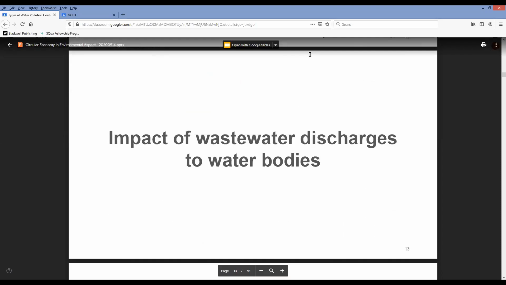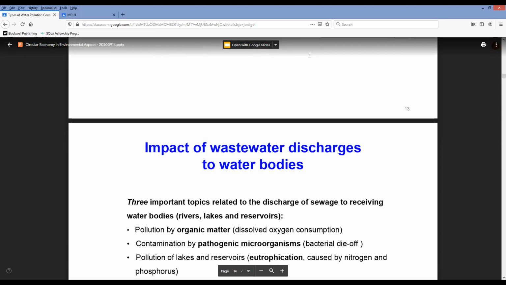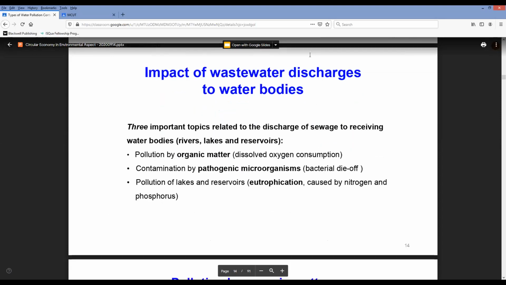Right now we are moving to the impact of wastewater discharge on the water body. Next, please. In this PowerPoint we are going to have three important topics related to the discharge of wastewater to a receiving water body, which is a river, lake, or reservoir.